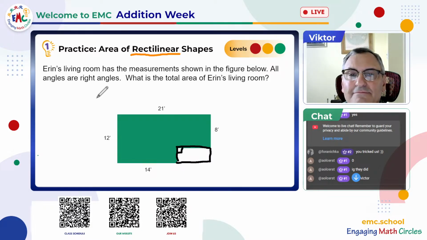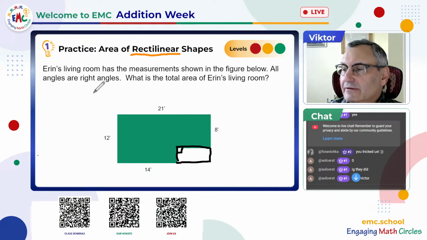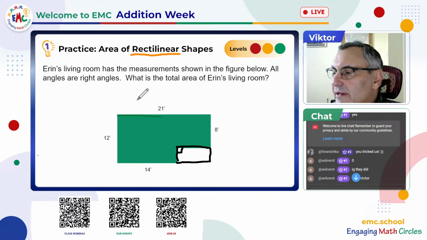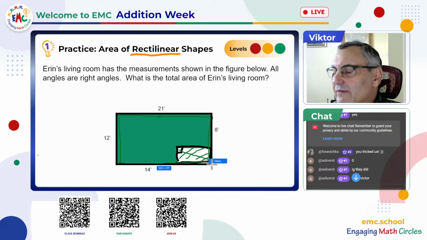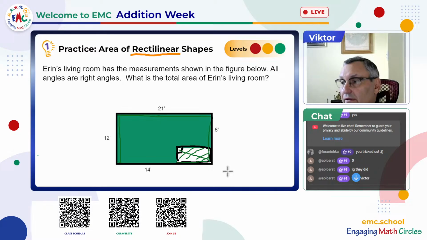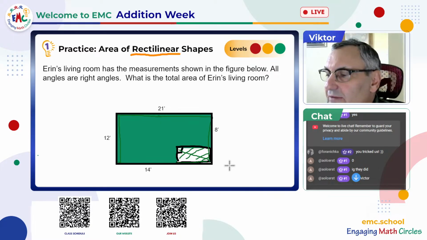We have a few ways to calculate that, and we can find the easiest way. For me, the easiest way would be to find the area of the big rectangle, and then subtract the small rectangle, which is located here. That gives us the answer to our question, right?